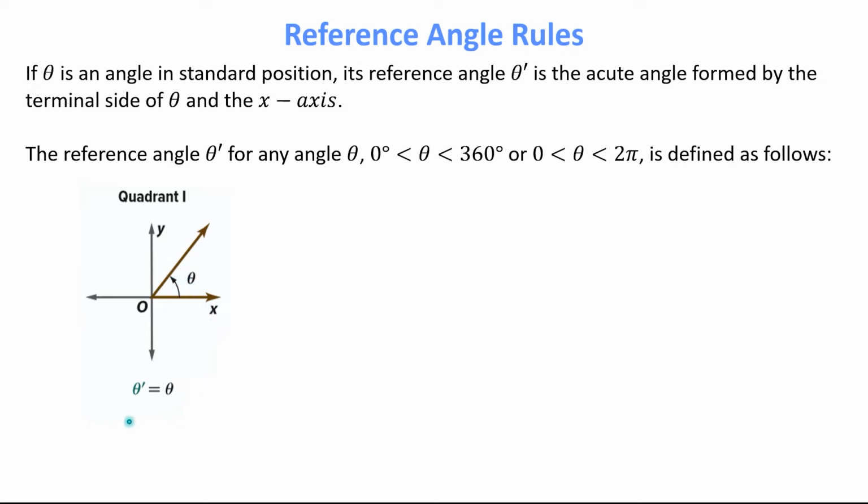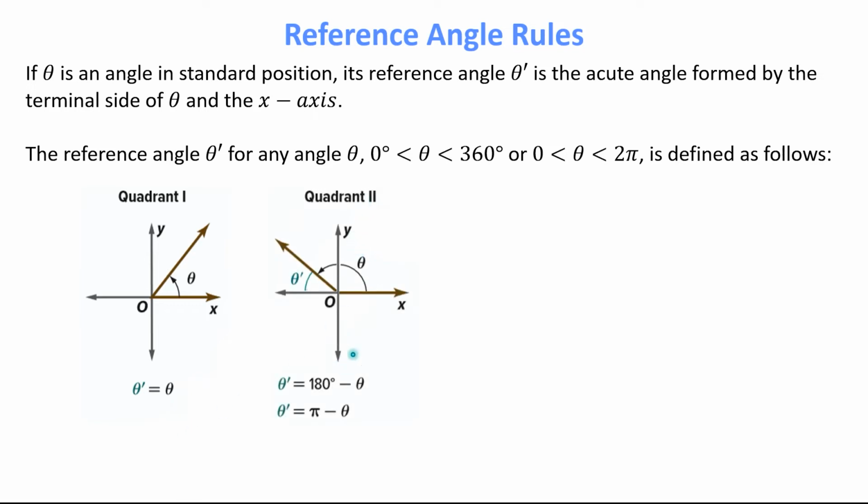Therefore theta dash equals theta, because the definition says that theta dash is the acute angle formed by the terminal side of theta and the x-axis. This is the terminal side of theta, and here is the x-axis, and this is the acute angle, okay? Because this angle here would not be acute, it would be obtuse. So in quadrant 1, theta dash is the same as theta.